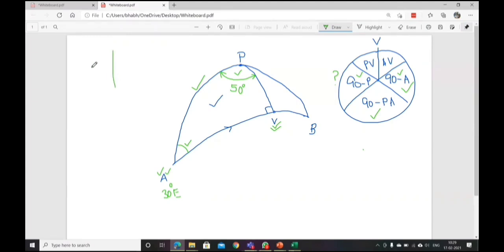When we make the diagram, we always follow these directions: north, south, east, and west. So when you are going towards the right side, it is always the easterly side. So from 30 degrees east, you are going 50 degrees more in the easterly direction. So what will be the longitude of the vertex? It will be 30 plus 50, that is 80 degrees east.